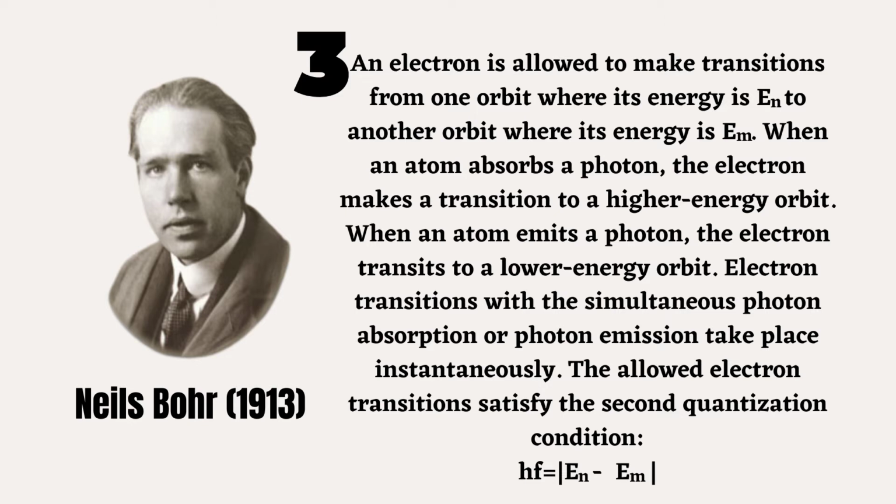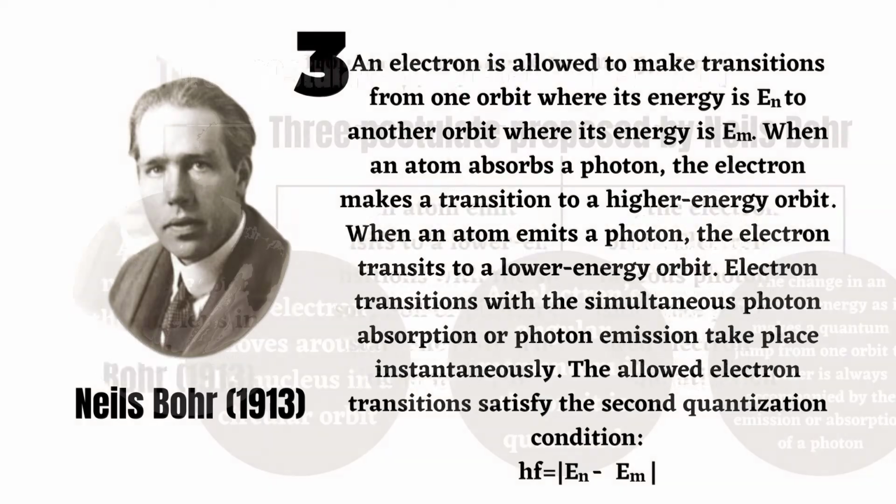The allowed electron transition satisfies the second quantization condition, where hf is equal to E sub n minus E sub m, where hf is the energy of either an emitted or an absorbed photon with the frequency f. The second quantization condition states that an electron's change in energy in the hydrogen atom is quantized.